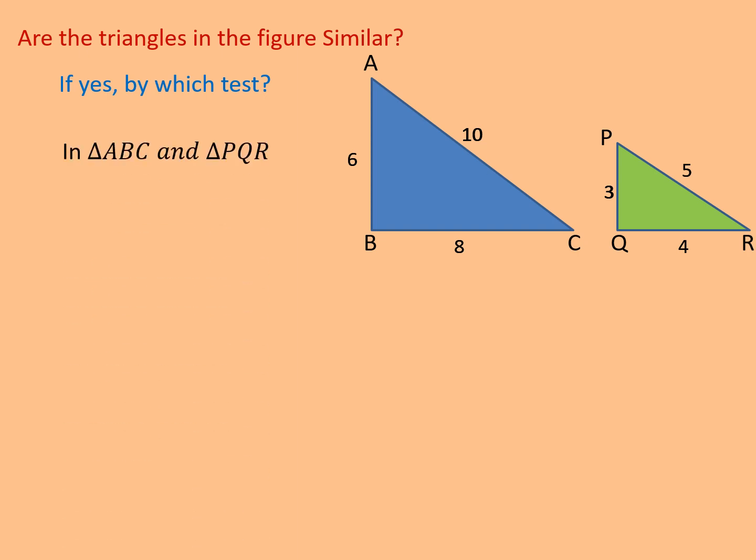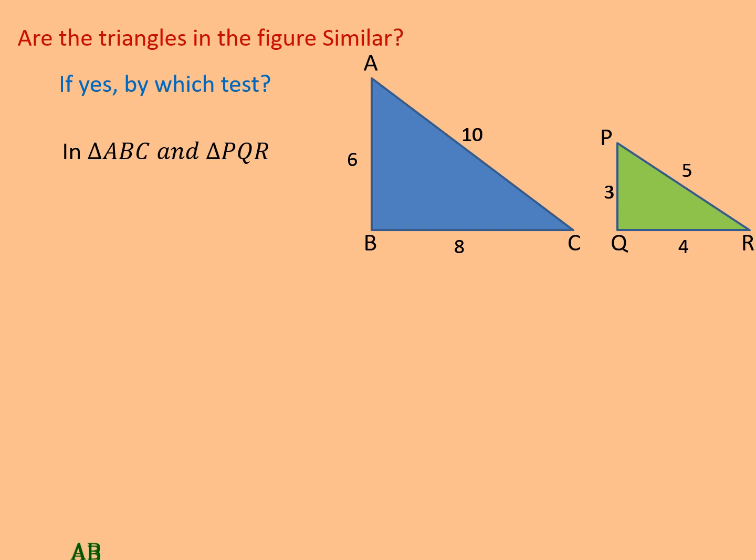So we will take triangle ABC and triangle PQR. By observation, we can see the ratio of the corresponding sides, because we are proving the two triangles similar, we don't need to have only the two corresponding angles congruent.